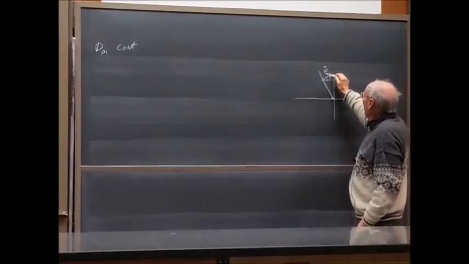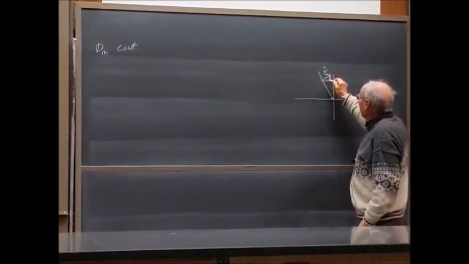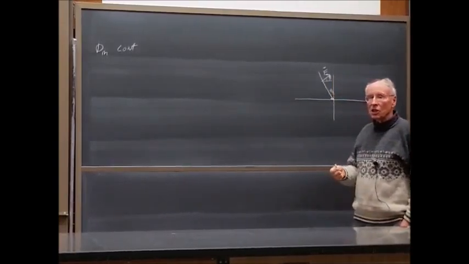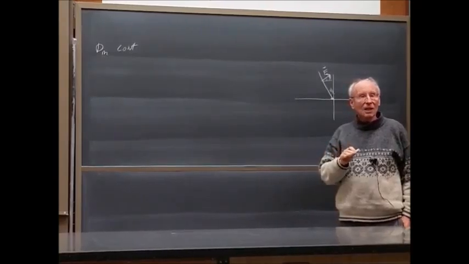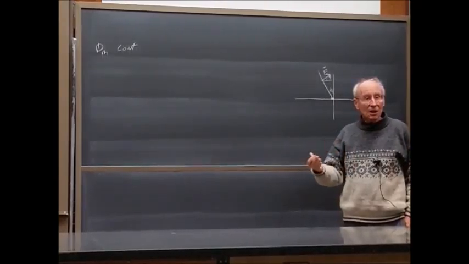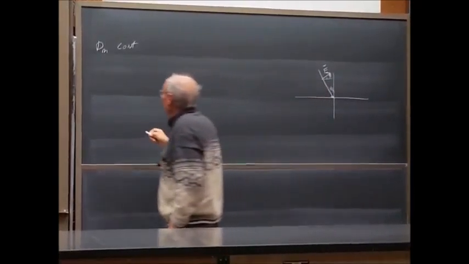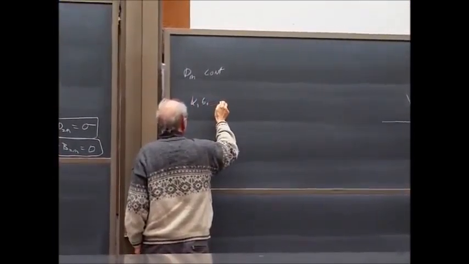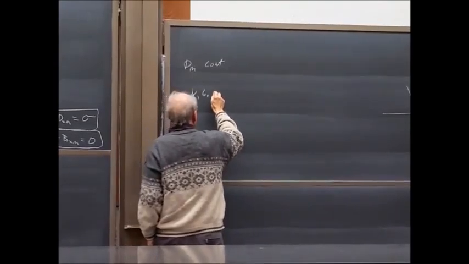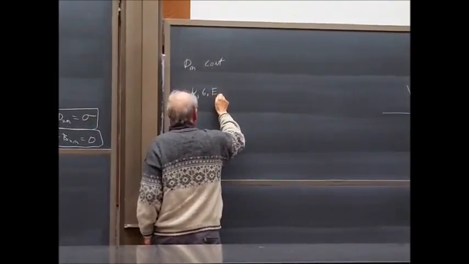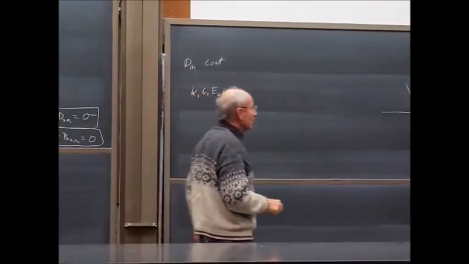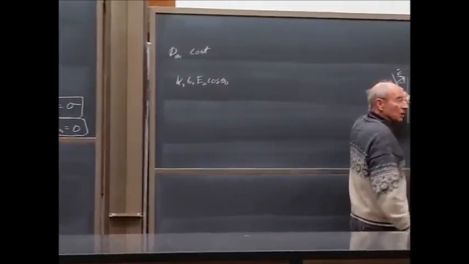And that means I need the cosine of the angle theta 0. And D is kappa epsilon 0 E. So we have kappa 1 epsilon 0 E0 cosine theta 0 for this piece.